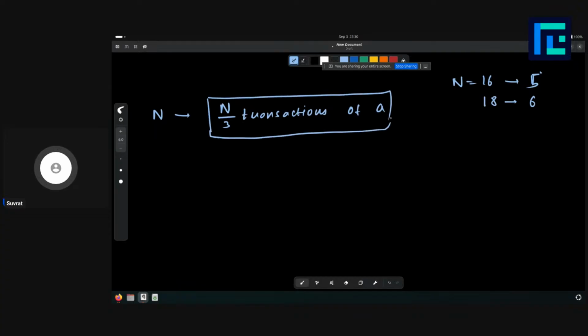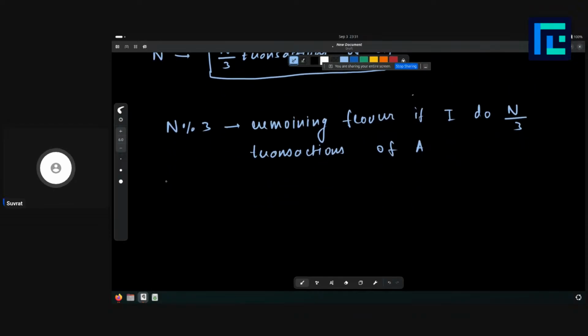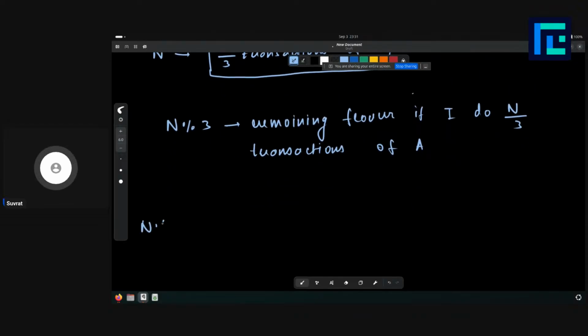And after doing these N by 3 transactions, basically the number of remaining flowers would be N percentage 3 remaining flowers, if I do N by 3 transactions of A. So let's analyze what happens at different values of N mod 3.